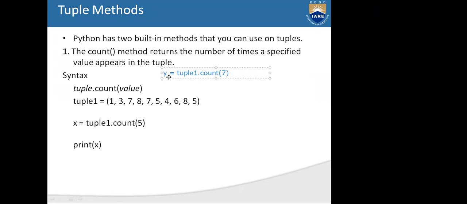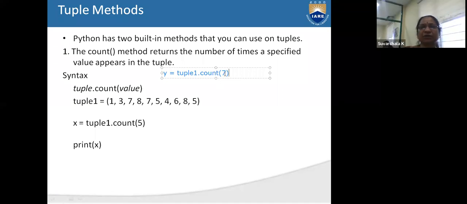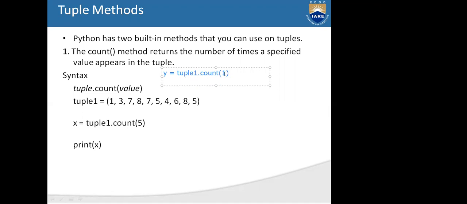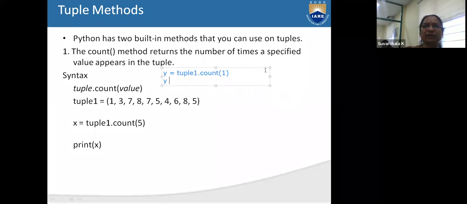Y is 2. How many times does 7 occur? 2 times. Okay. Let us assume count of 1. What is the output of Y? Y is 1. Once only it occurs. Okay. Let us assume that I am giving count of 10.